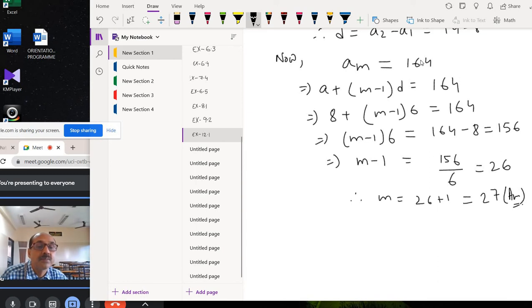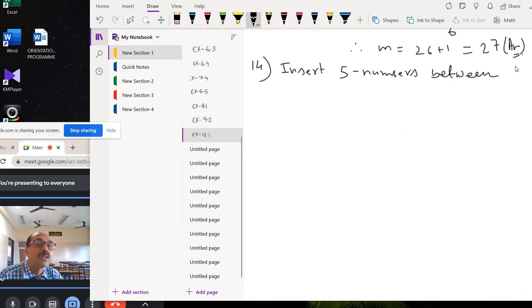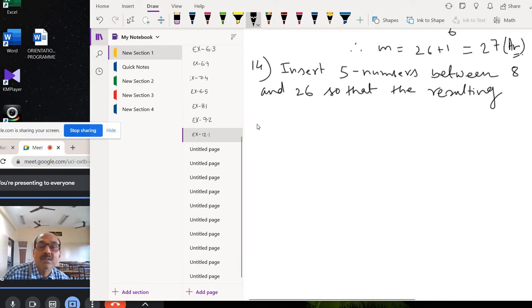Next, question number 14. Insert 5 numbers between 8 and 26 so that the resulting sequence is an AP.